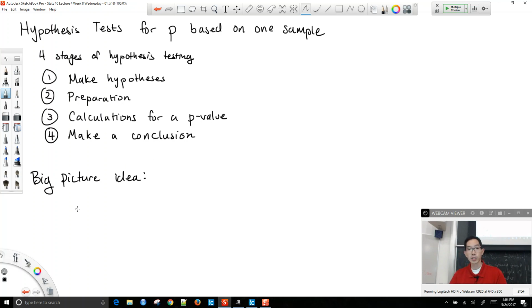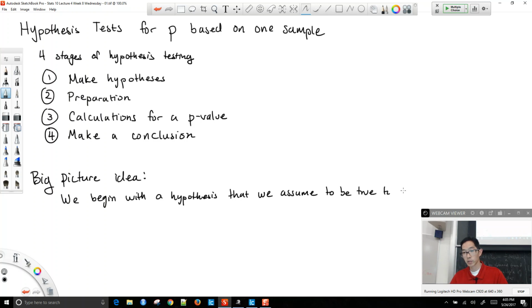The big picture idea is, we begin with a hypothesis that we assume to be true to come up with an idea of what to expect. Create our expectation.